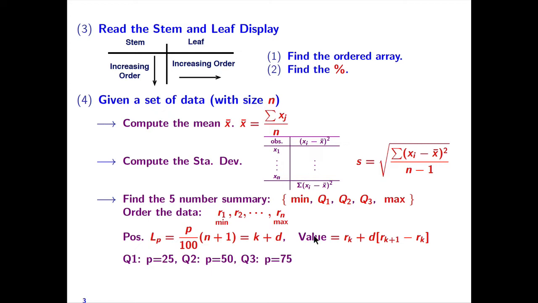And the value is going to be Rk plus D times Rk plus 1 minus Rk. And for Q1, you set P equal to 25. For Q2, you set P equal to 50. And for Q3, you set P equal to 75.